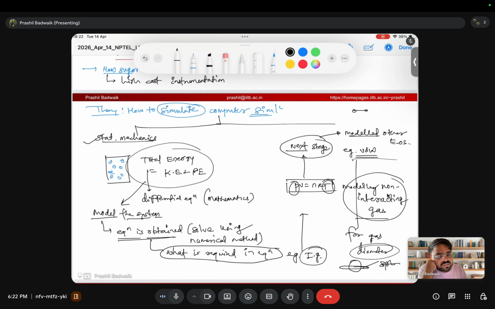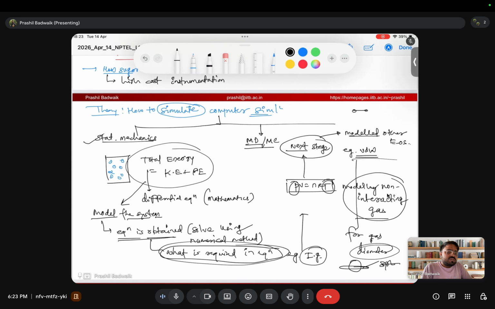So in the equation we need to provide the values of some parameters to get the properties for your system, right? And yes, the same equation we solve using methods, for example molecular dynamics or Monte Carlo simulations.